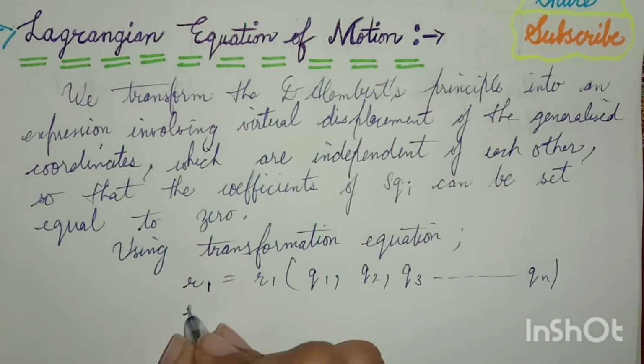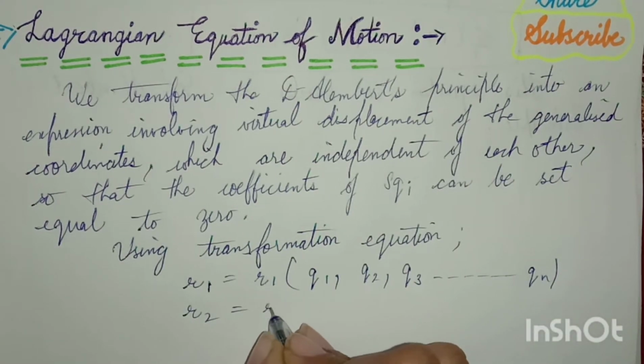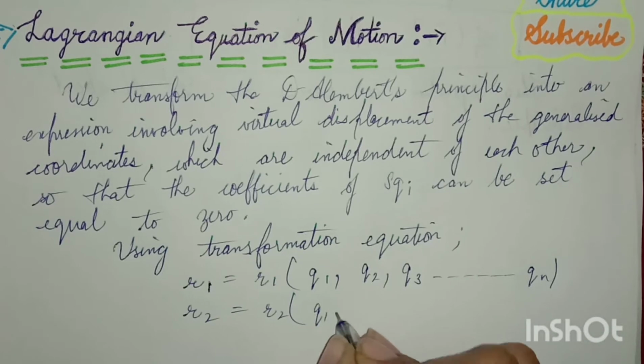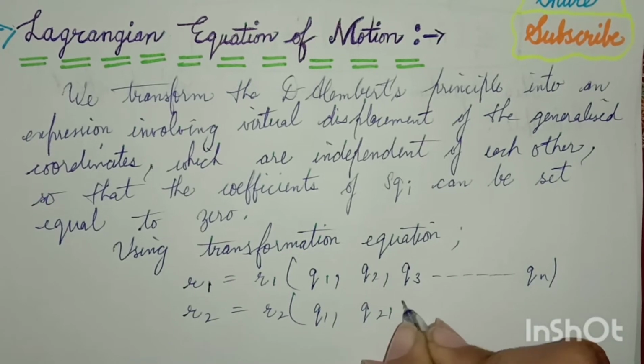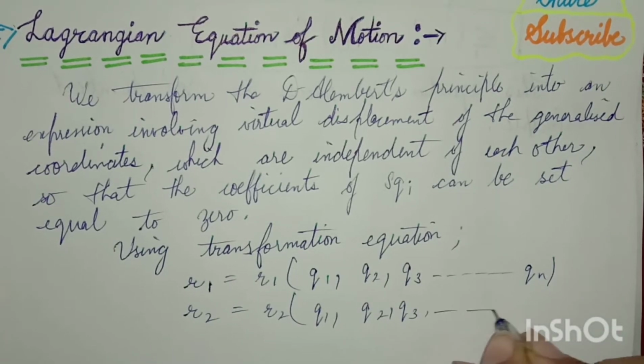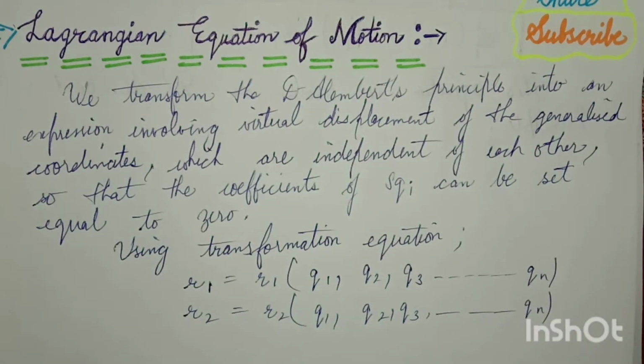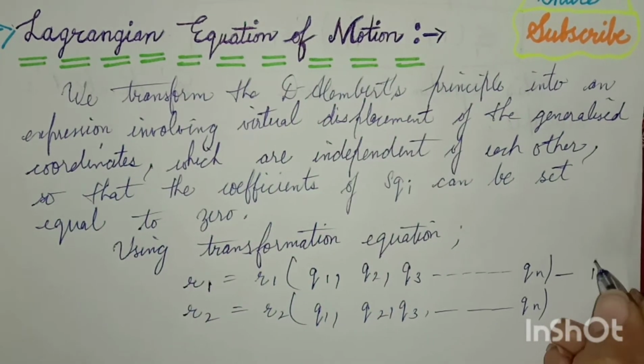Similarly, for r2, (q1, q2, q3 and so on qn). So this is our equation number 1.